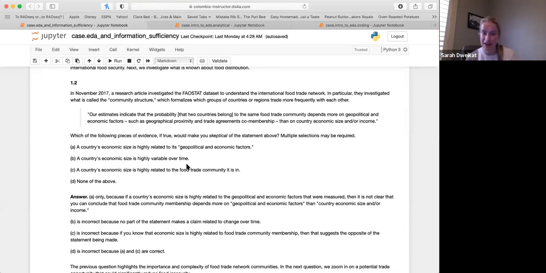and economic factors, is because if the country's economic size is related to its geopolitical and economic factors that were measured, then it's not clear that you can say that being a part of this food trade community depends more on its geopolitical and economic factors than on economic size and income.